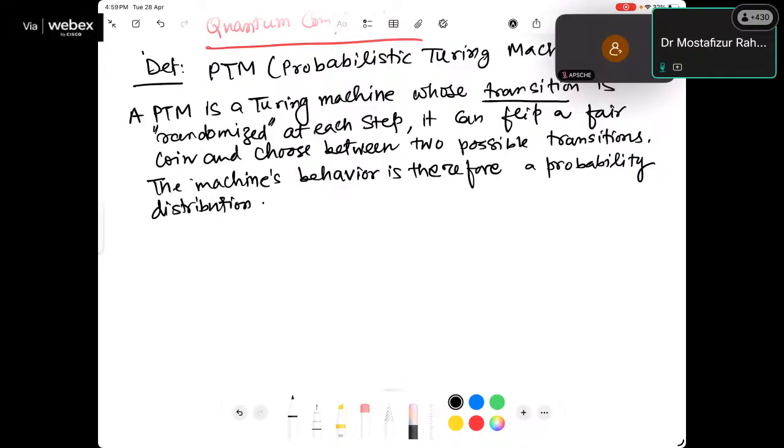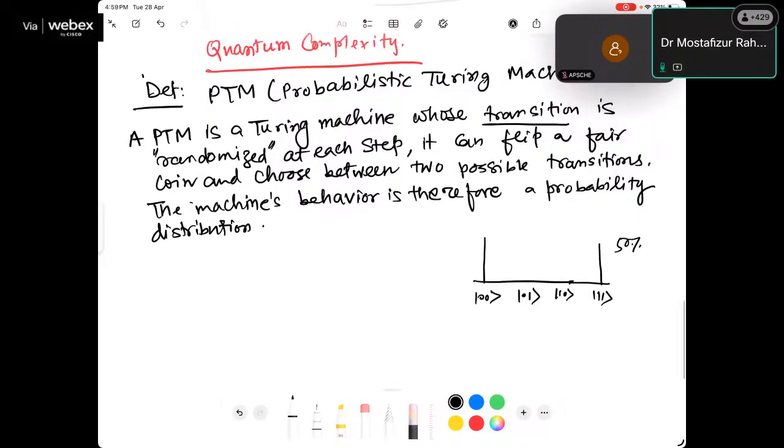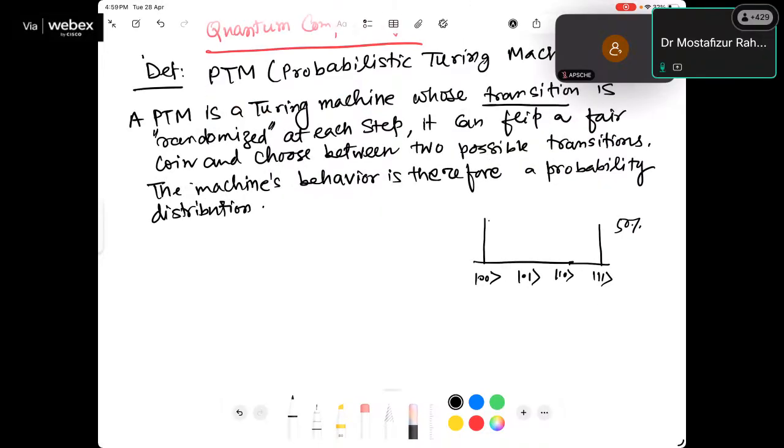The four possible computational basis states are 00, 01, 10, and 11, and you see 00 and 11 with almost 50% probability each, and the rest are not counted. So this is the probability mass function for the Bell state, because they are an entangled pair.